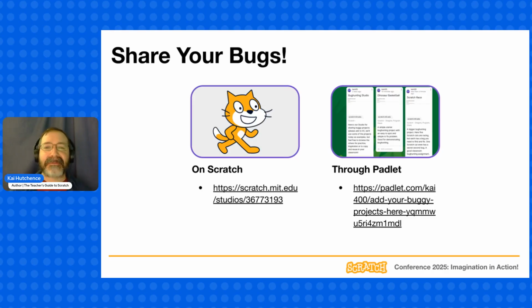Now, I also have a Padlet up there, so you can share through the Padlet as well. Either one works. I just noticed today, loading it up, some automatic content checking process in the Padlet decided one of my projects was inappropriate.